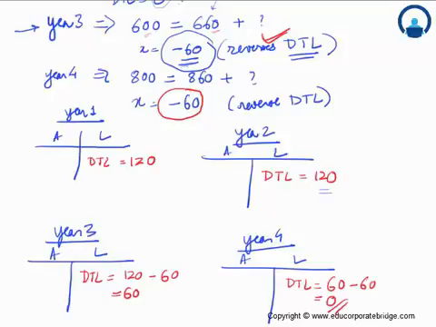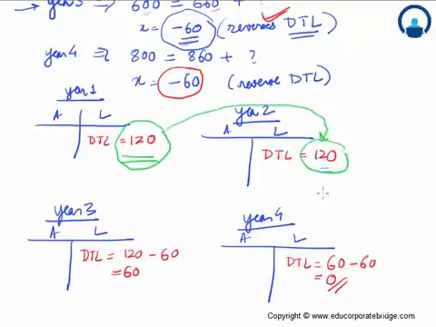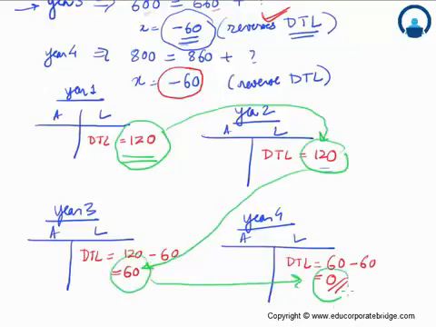So what we have seen here is a phenomenon where it started with creation of deferred tax liability, it moved and remained constant, and then it started decreasing. Here we saw that this was decreasing and then it went back to 0.